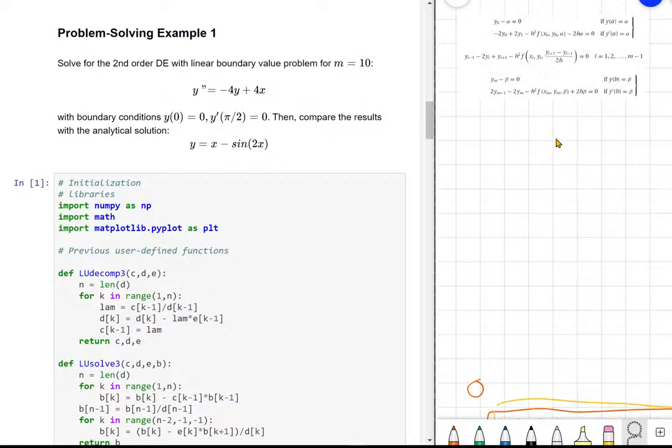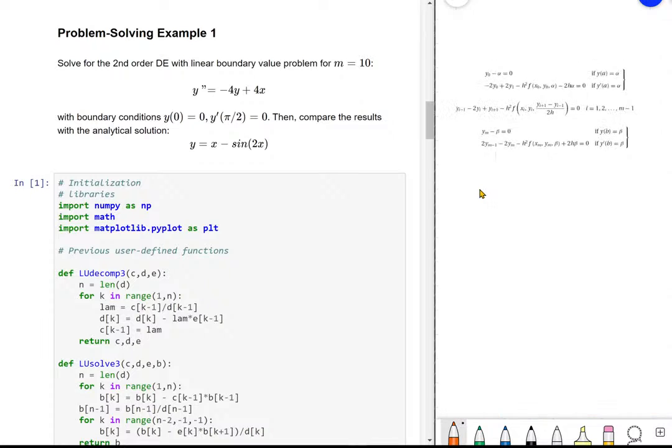You can see that our given boundary is here, and the other one is y prime. So therefore we have this equation here, and this equation here. Since we have alpha already, and we have the beta, the number of variables is equal to the number of equations, and then we can solve the problem.